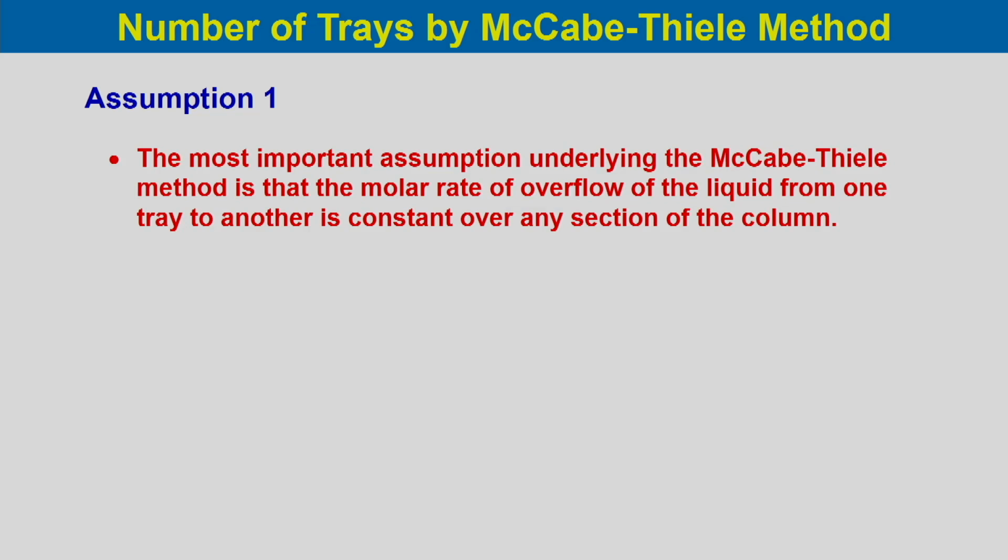The first assumption, the most important assumption underlying the McCabe-Thiele method, is that the molar rate of overflow of the liquid from one tray to another is constant over any section of the column. So, the molar flow rate of the liquid in all sections of the column remains constant.